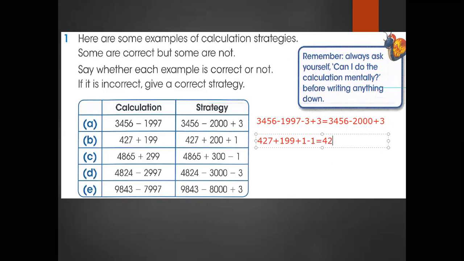The correct answer is 427 plus 200 minus 1. That is the right answer, but he mentioned plus 1 here, so that is wrong. This one is wrong. Which one is correct? Here he said, yes, this one is also correct.